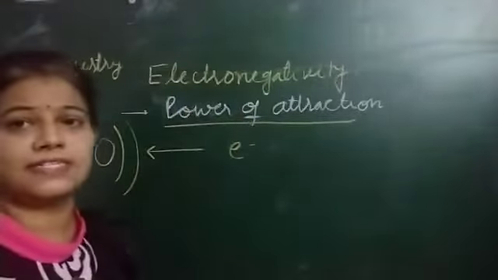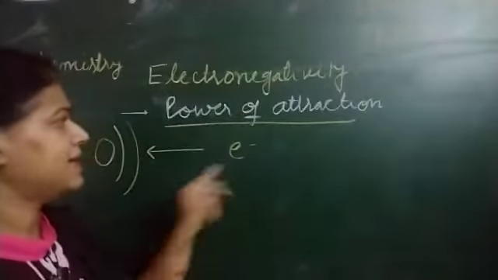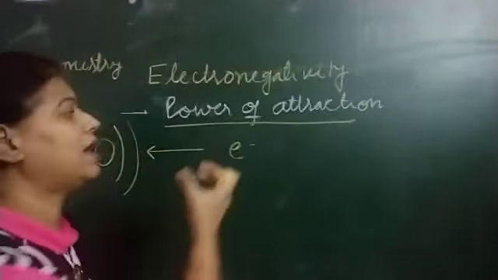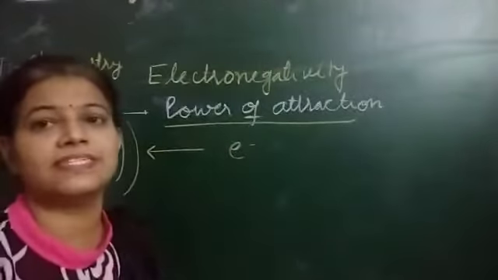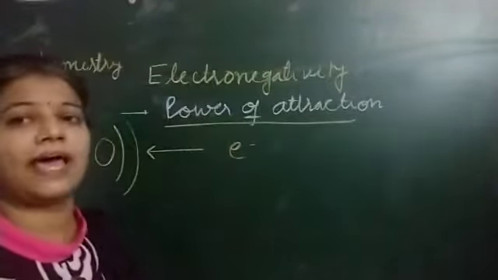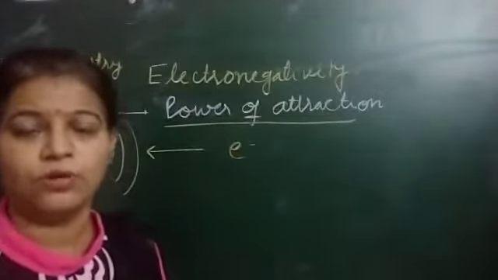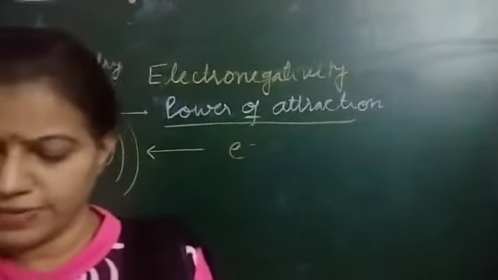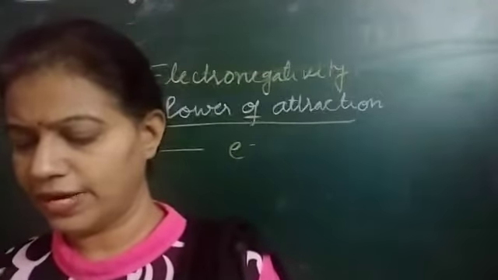Suppose it is an isolated gaseous atom. The power of an atom to attract the electron towards itself is said to be the electronegativity of that atom. Got my point, beta? How do we define electronegativity?